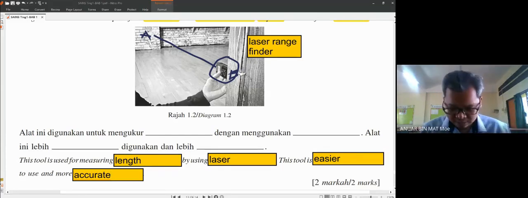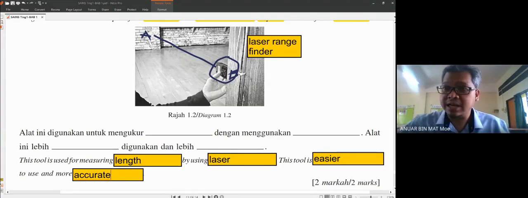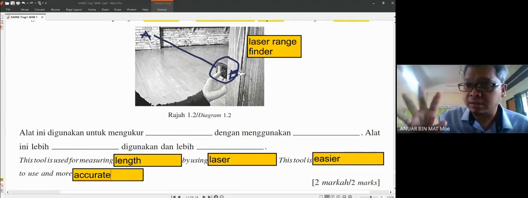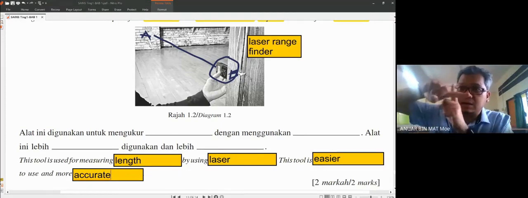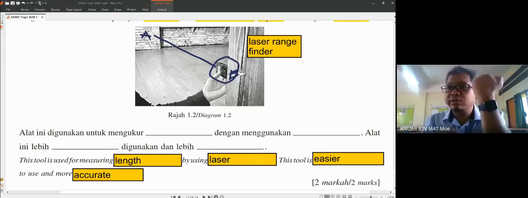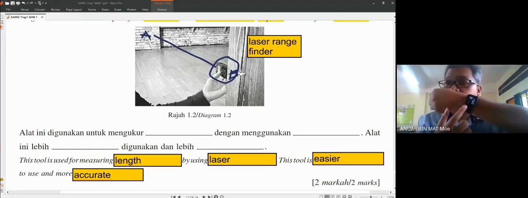In fact, some of the children I know, they cannot tell the time on the analog clock. You know the analog? Jam yang biasa itu, yang ada jarum itu, the analog. They still cannot tell the time by using the clock, because usually they are using the digital one.